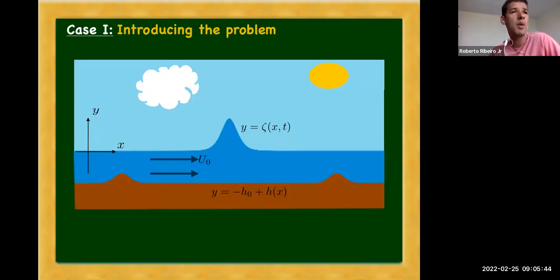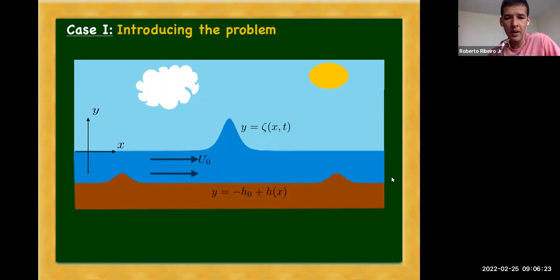We assume that at the free surface we have a wave, denoted by the letter zeta, and beneath the free surface we have a constant current whose intensity is given by the letter U0, and at the bottom we have a topography whose shape is described here.